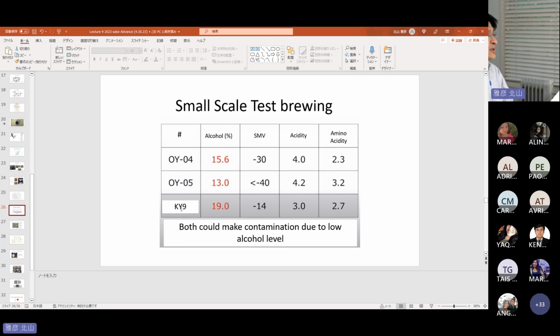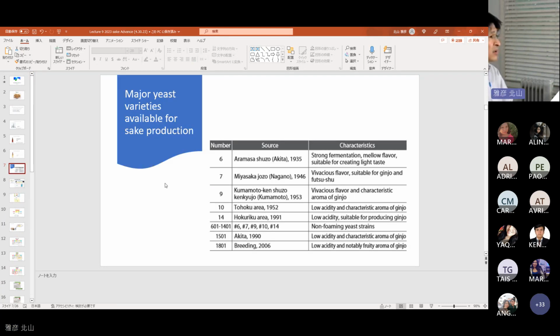This is the strain called number 9, as I told you before. It is a strain isolated in 1953 in Kumamoto Prefecture on Kyushu Island.